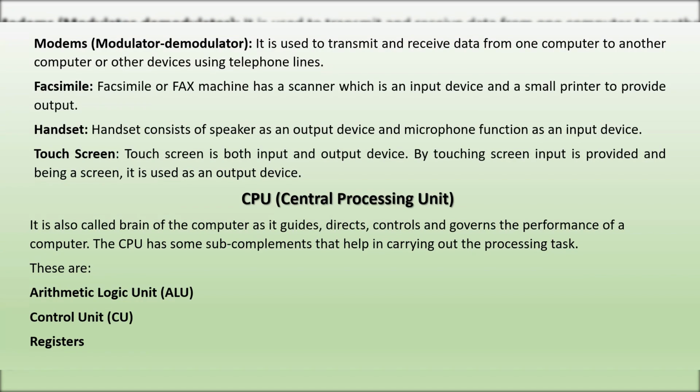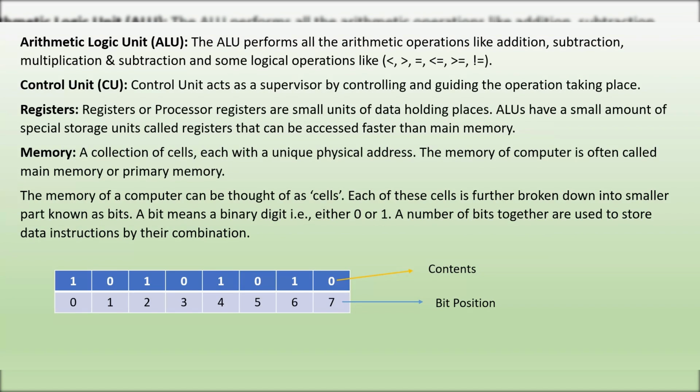These are the arithmetic logic unit, control unit and registers. Now, arithmetic logic unit. The ALU performs all the arithmetic operations like addition, subtraction, multiplication, division and some logical operators like less than, greater than, equal to, less than or equal to, greater than or equal to, not equal to. It performs only logical operations on the computer.